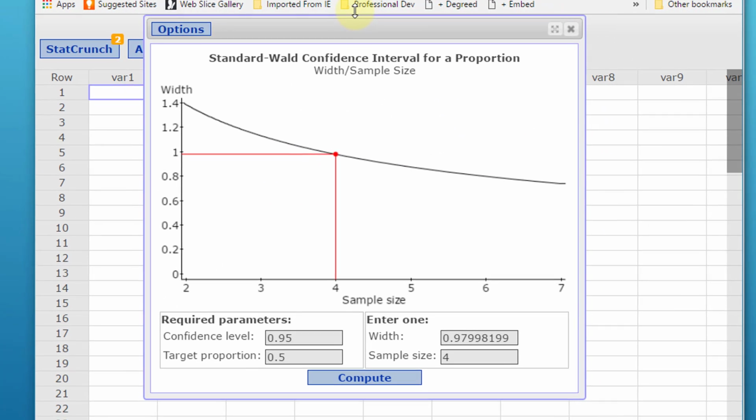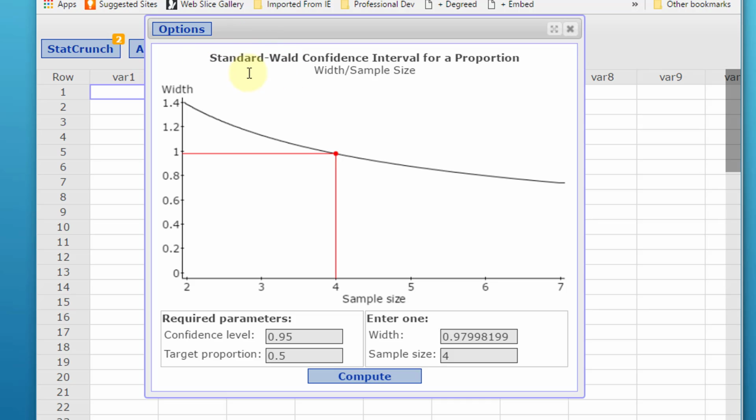So I open up that dialog box and I'm going to ignore the standard one and just look at the confidence interval for proportion. That's what I want. I look down at the bottom here and I've got two boxes. One says required parameters, and they want the confidence level and the target proportion.